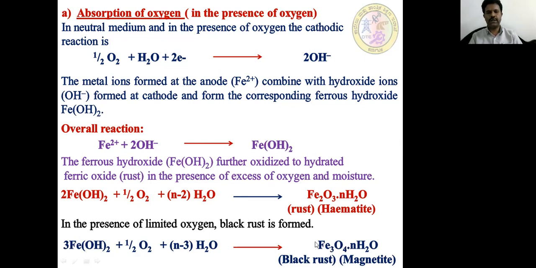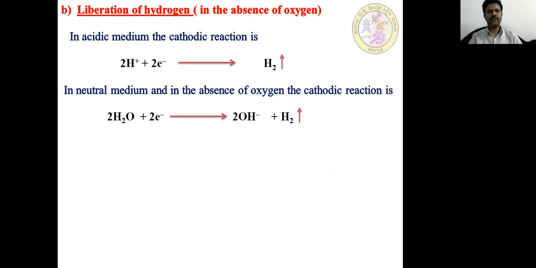Here, both Fe2+ as well as Fe3+ are present in this compound, hydrated ferroso-ferric oxide. It is also called black rust, or it is a composition of magnetite. So in this way, the reduction reaction occurs in presence of oxygen.